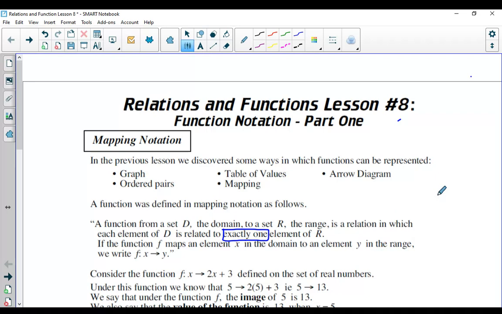if you were to graph the relation, and I'll just draw a quick sketch of a relation that would fall into the category of a function. So we have this curve.